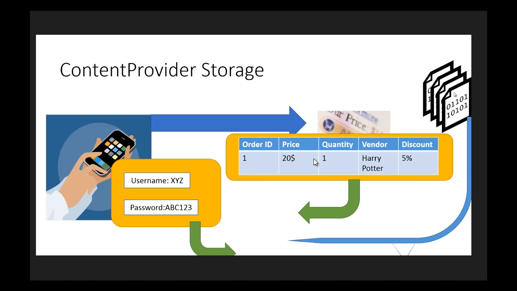Everyone can see this type of data, but I don't want anyone to see my username and password. So you can use content providers to decide which part of the data to show and which part not to show to external apps or users. This is the basic concept behind content providers.